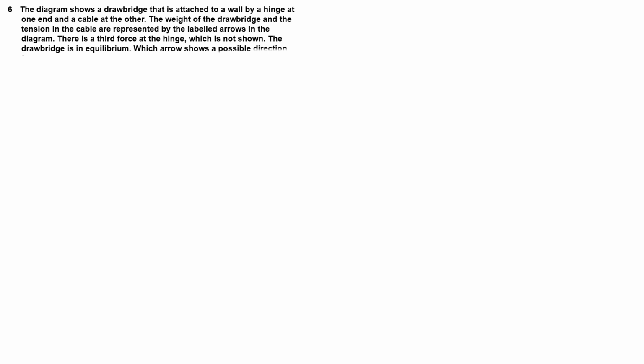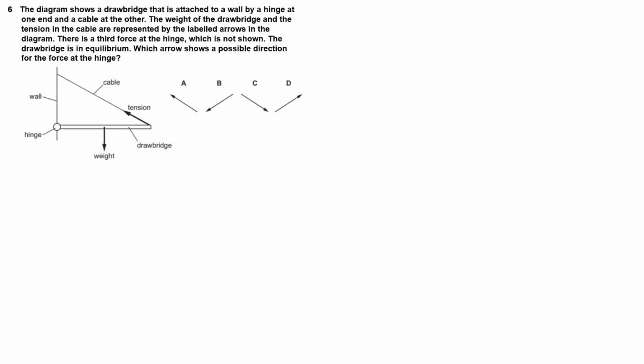Which arrow shows a possible direction for the force at the hinge? The drawbridge is in equilibrium, meaning the sum of all forces acting on it is zero. A third force at the hinge, which isn't shown, can be determined by completing the equilibrium polygon of forces to ensure the zero vector sum.